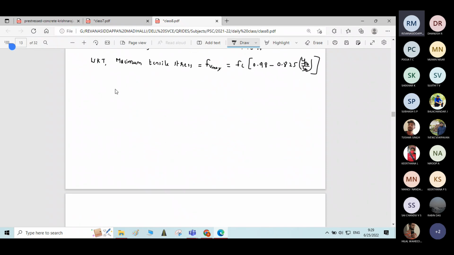Here the prism is the portion of the end block where we are providing this reinforcement to resist the tensile forces or tensile stresses.